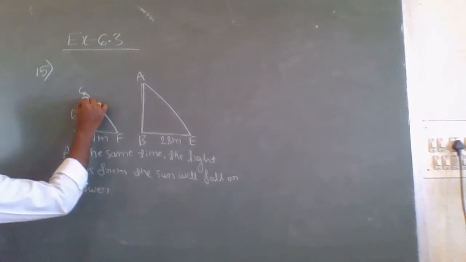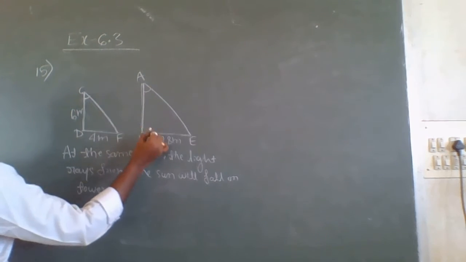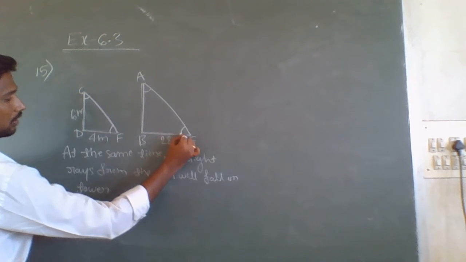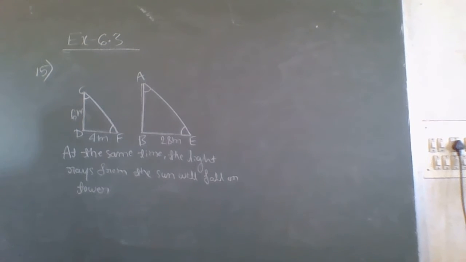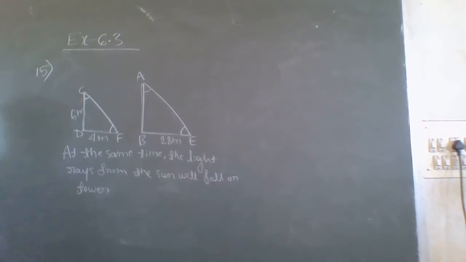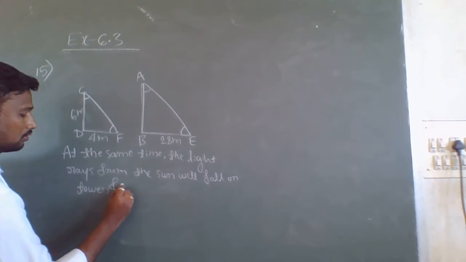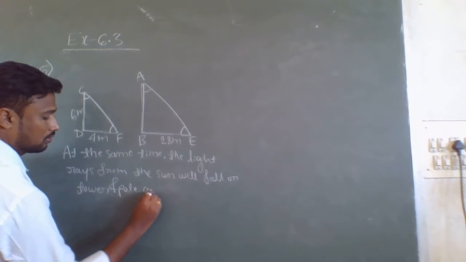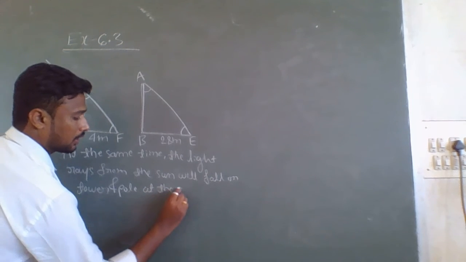Therefore, we can say that these two angles and these two angles are equal because light rays from the sun will fall on tower and pole at the same time.